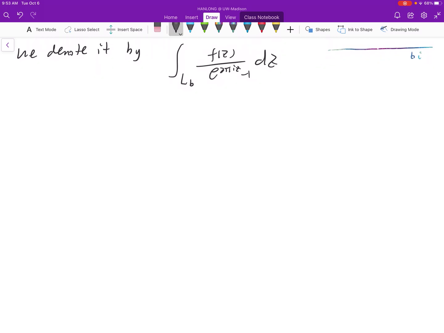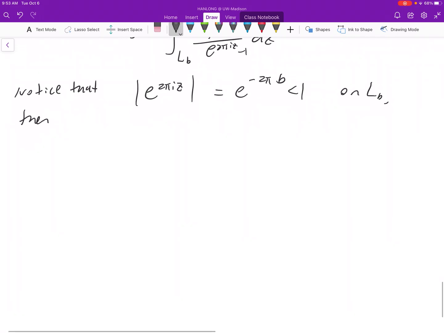Now notice that the norm of e^{2πiz} is e^{-2πb}, less than 1 on L_B. Then we have the following expansion, the sum from 0 to infinity of e^{2πinz}.